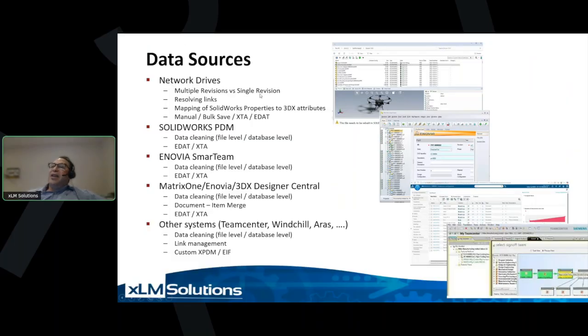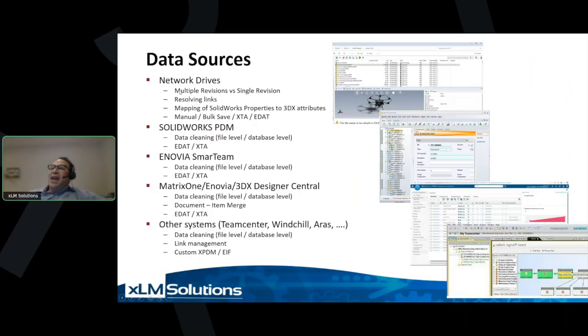If you're managing multiple revisions on a network drive, well, first of all, congratulations on trying to do that, and good luck. But if you are managing multiple revisions, you need to figure out how best to associate those multiple revisions into a method to load the data into 3DEXPERIENCE. If you're using single revisions, it's a lot easier, but with multiple revisions, that link management becomes very difficult.